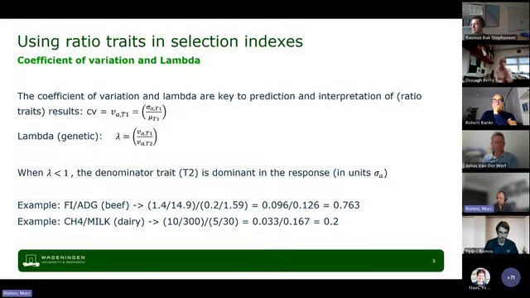And the bottom line is methane production divided by milk. And then if you do the calculations, you come to a lambda value of 0.2. So there's quite a bit of difference, but this is a little bit to give you some perspective in the presentation when different values of lambda are presented.